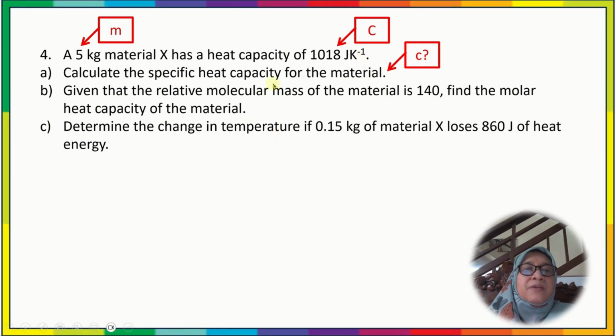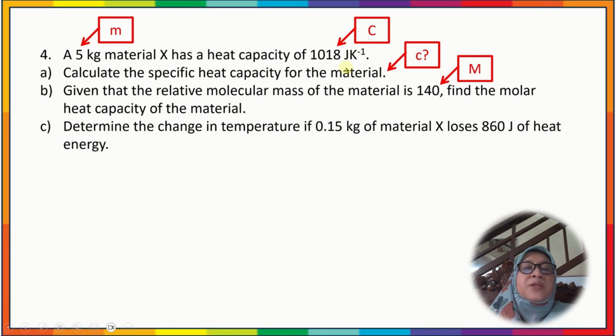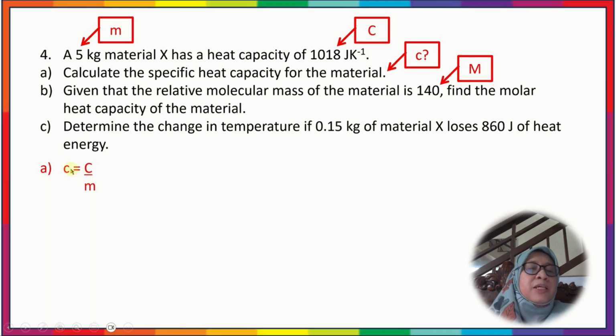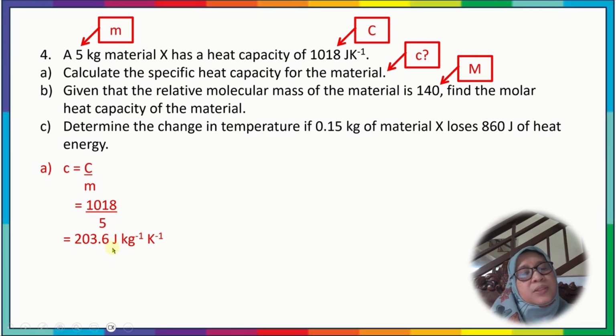So the formula will be C divided by m, because from the unit we know it is per kilogram. So specific heat capacity equals heat capacity over mass. Heat capacity is 1018 divided by mass 5 kg. So the answer for specific heat capacity is 203.6 joule per kilogram per Kelvin.